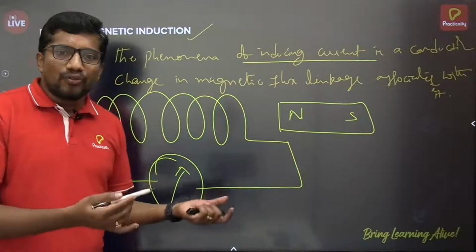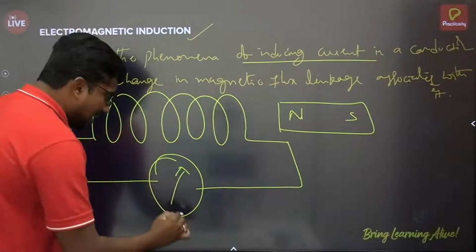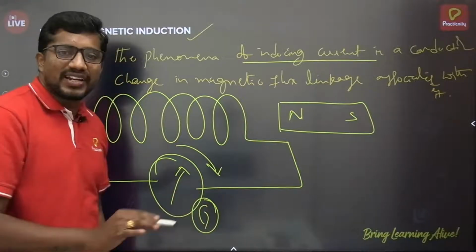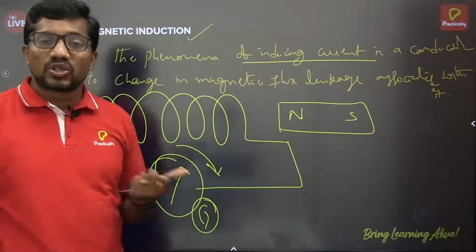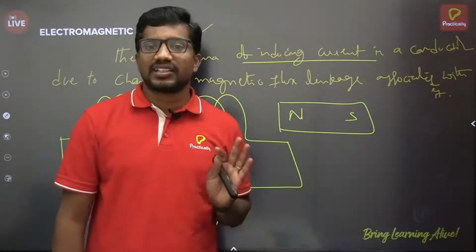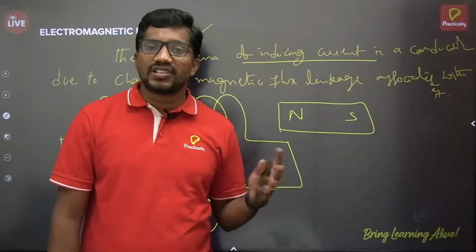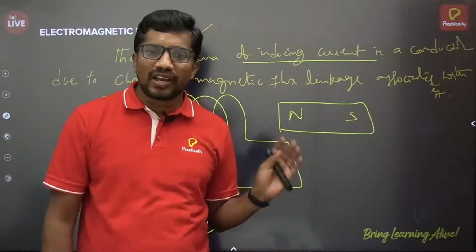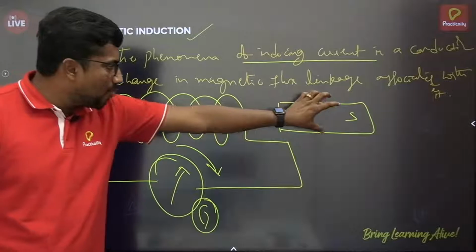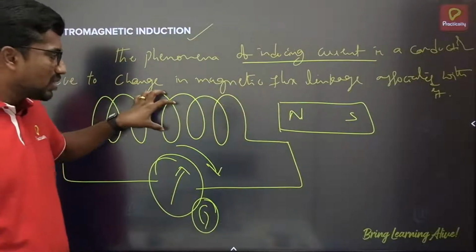So what is the proof to identify? Yes, there is a galvanometer here. This galvanometer will show the deflection. Very simple. When will the galvanometer show deflection? When there is a flow of electric current inside the conductor. If there is no current, it won't show any deflection. So I have kept the coil stationary and brought this magnet towards this coil.